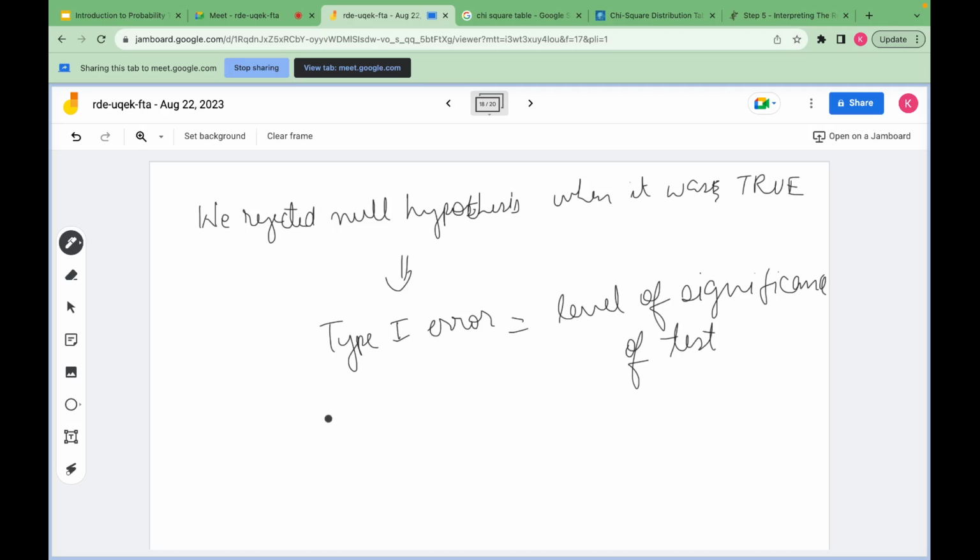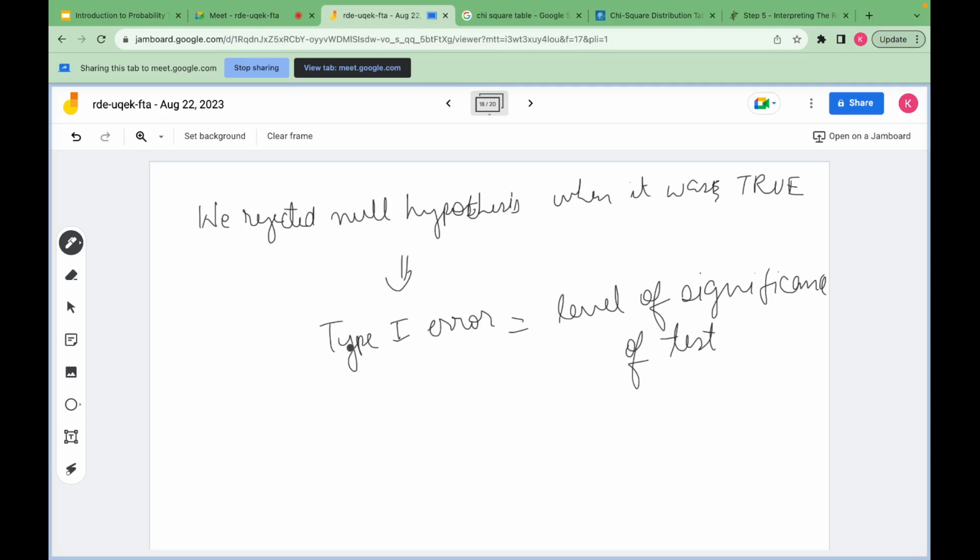So hypothesis testing is a test where we are testing whether what we believed, that this population mean will be equal to some value, is true or not. If suppose that was true and we concluded from our test that it is not true, then it is known as type 1 error, and it shows the level of significance of our test, how accurate the values our test is giving.